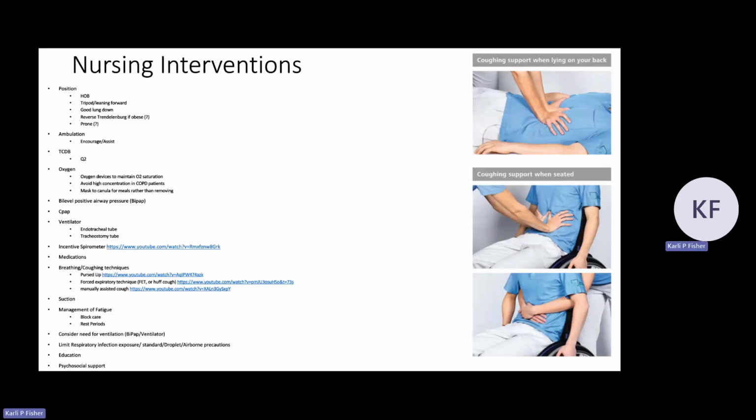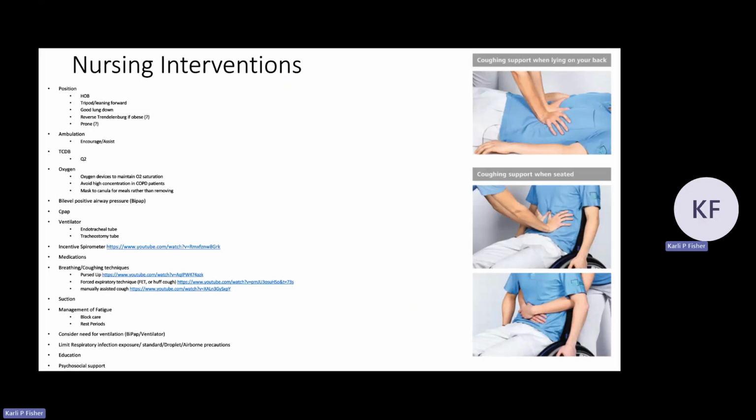Reverse Trendelenburg. So Trendelenburg would be to tilt them back onto their head. Reverse Trendelenburg would be to actually tip them forward where their feet are lower than their head while they're still laying flat. And then prone, you see that too.